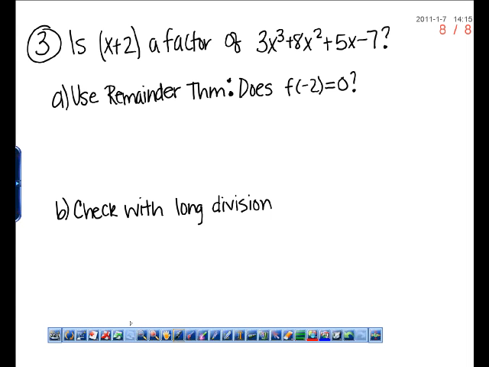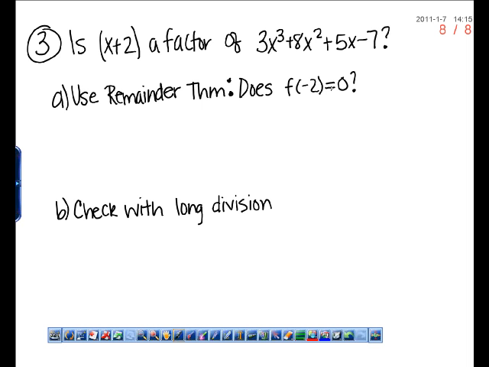Here's another way that we can use this remainder theorem. We are asked, is x plus 2 a factor of 3x cubed plus 8x squared plus 5x minus 7? So one way we now know how to solve that is using the remainder theorem. The remainder theorem says, plug in that possible root, x equals negative 2, and see if we get 0.